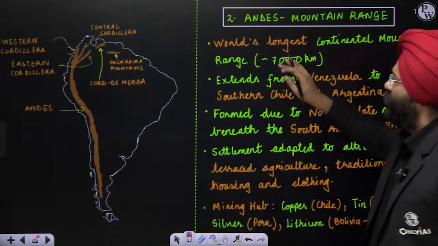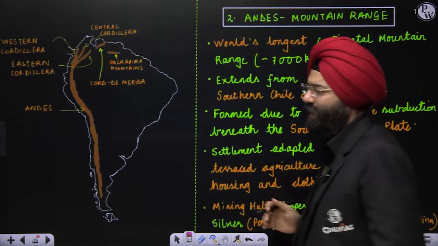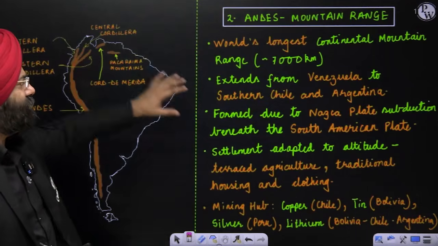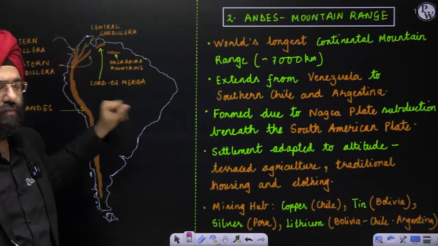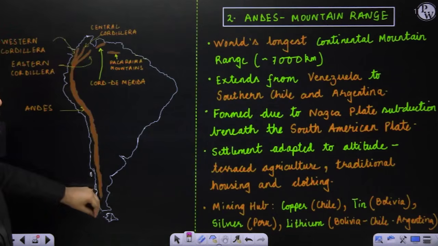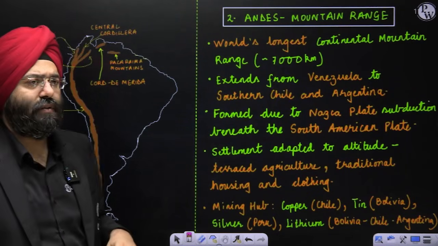Now, the world's longest continental mountain range is close to 7,000 kilometers long. While I'm writing this content, please do draw along, right? It extends from Venezuela to Chile and Argentina in the south. It is formed due to the Nazca plate subducting beneath the South American plate.